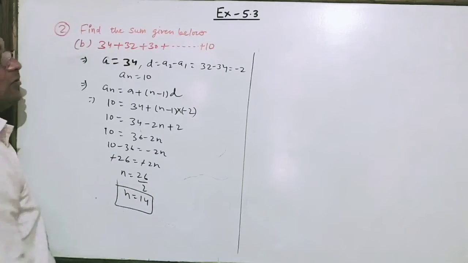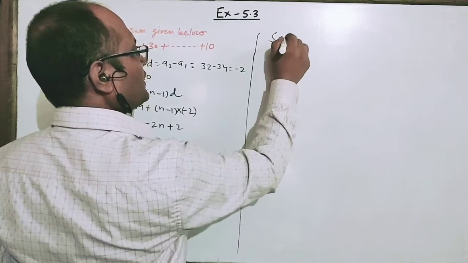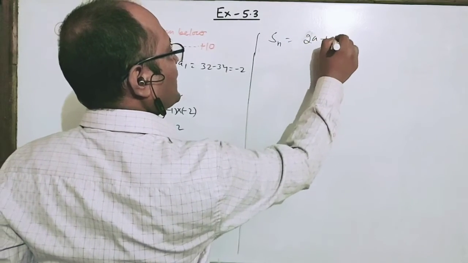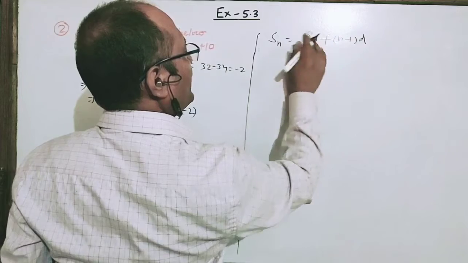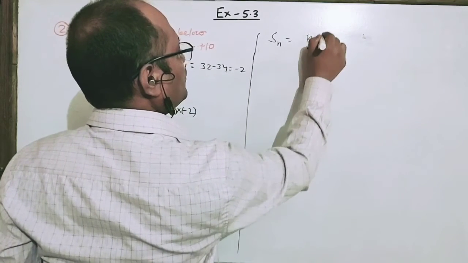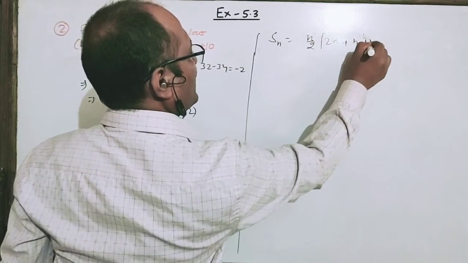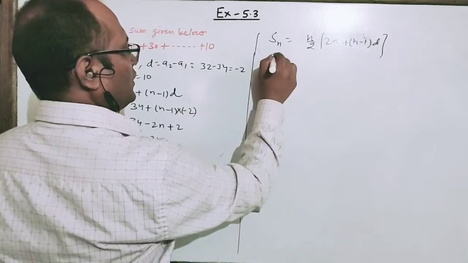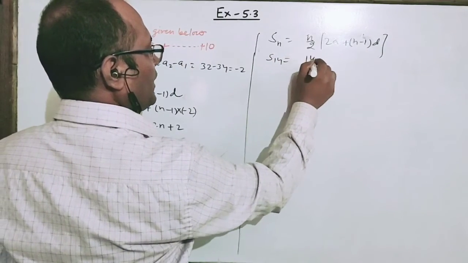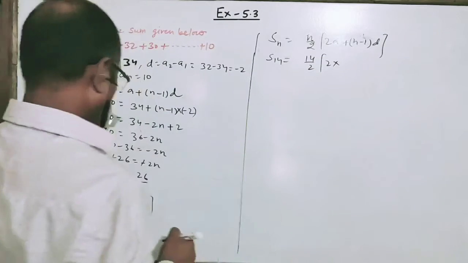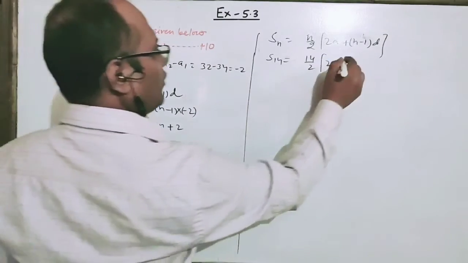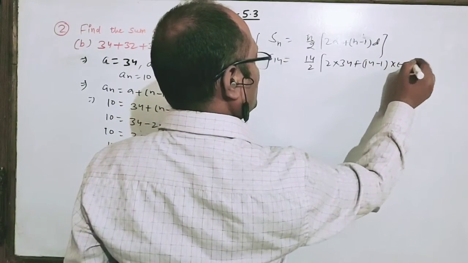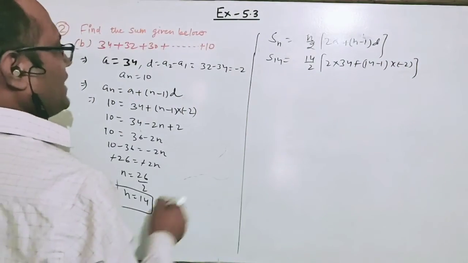So now we got n equals 14. Again, use the formula for finding the sum. The formula is Sn equals n by 2 into 2a plus n minus 1 into b. What is the value of n? It is 14. Equals 14 by 2 into 2 into a. a is 34, plus 14 minus 1 into minus 2, because b is minus 2.